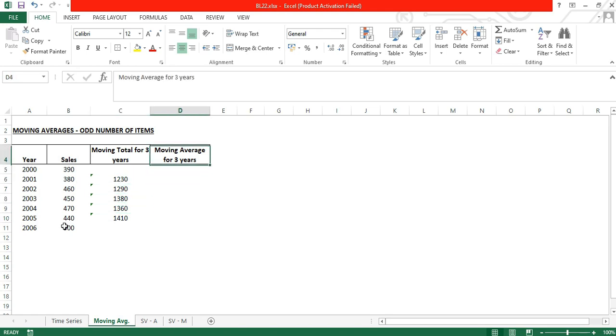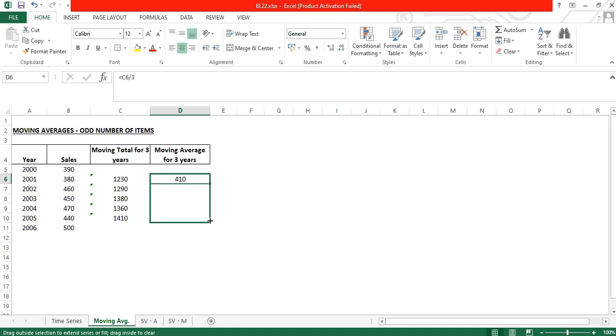Now, easy. We took the total for 3 years. Now we need the average for 3 years. What you need to do is simply take the total divided by 3. That's it, and write the answer right next to it.